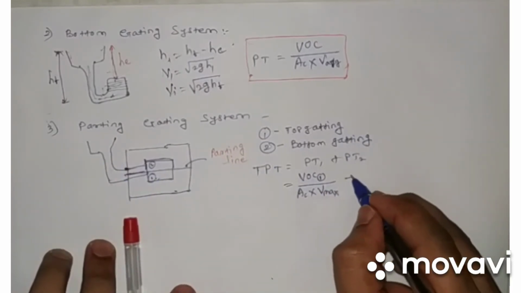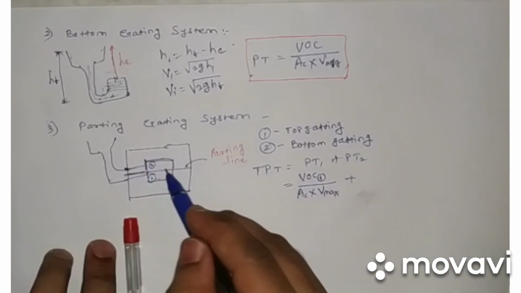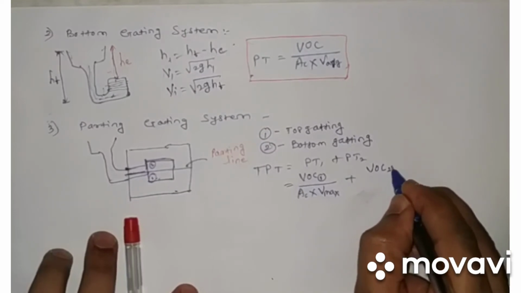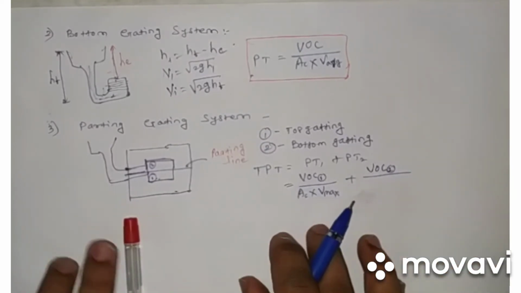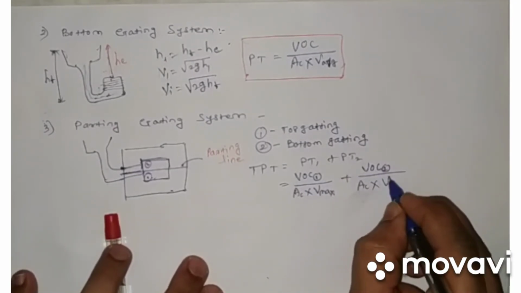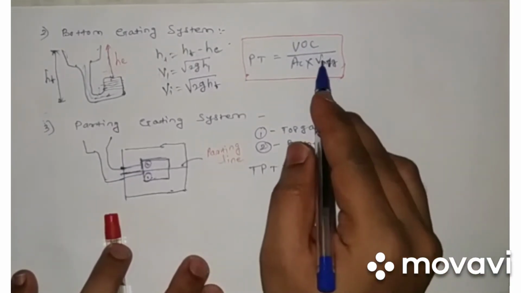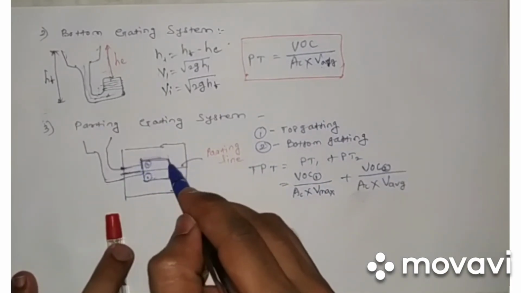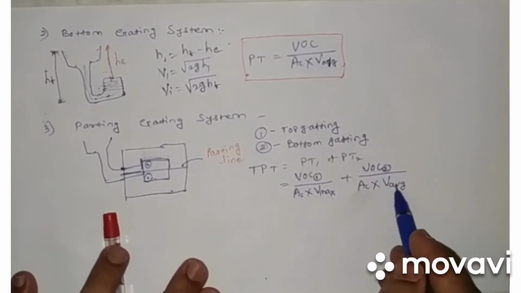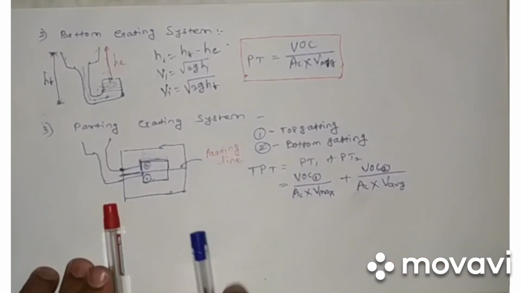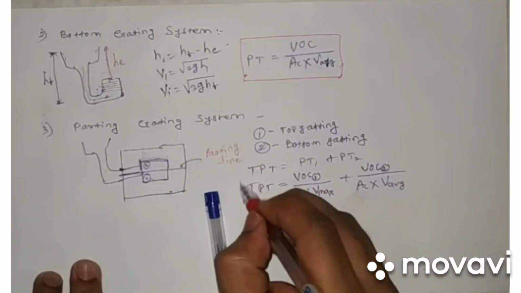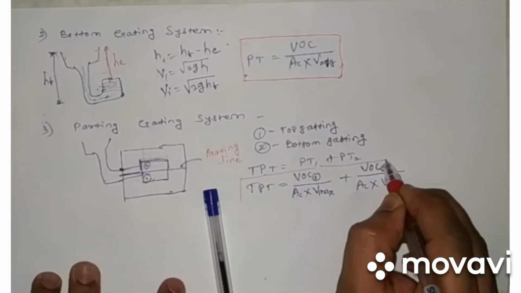Then for P2, this is the bottom gating system, so the volume 2 is getting filled with the bottom gating system, and here we have choke area into V average. As we have seen, for this portion the material is getting filled and the effective head is varying, so the velocity will be V average. So the total pouring time will be the addition of both these systems.